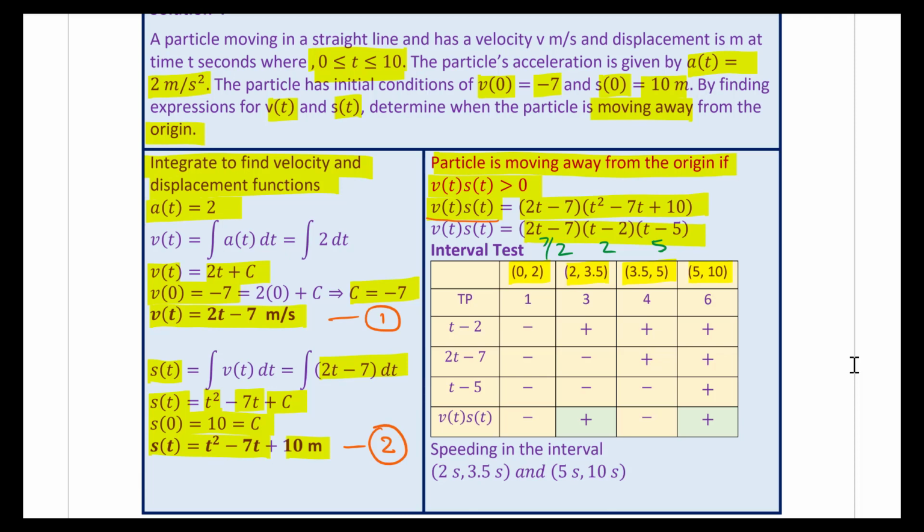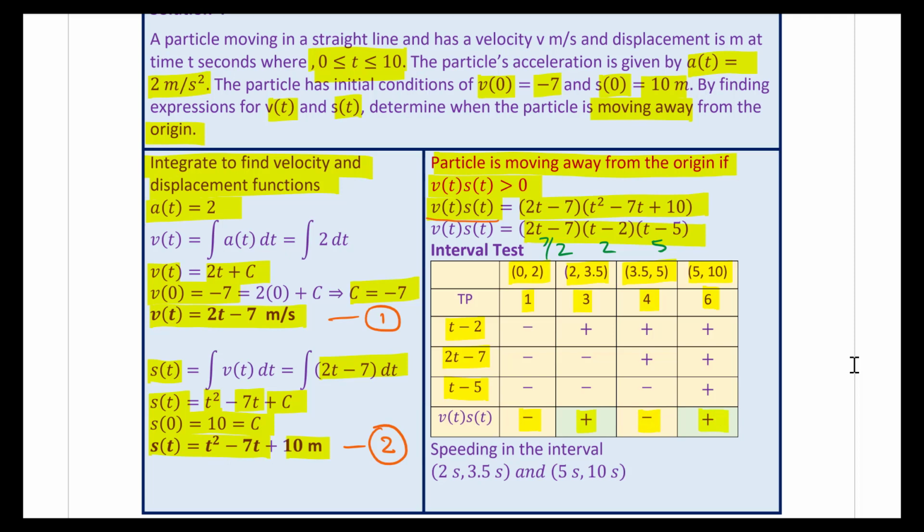Taking test points in these intervals as 1, 3, 4, and 6, we can see that each factor is negative or positive as shown in this particular table. So for each interval, we have to test our factors. Once we have this interval table, we can multiply: 3 negatives will give us a negative, 2 negatives will give us a positive, 1 negative will be negative, all positives will be positive.